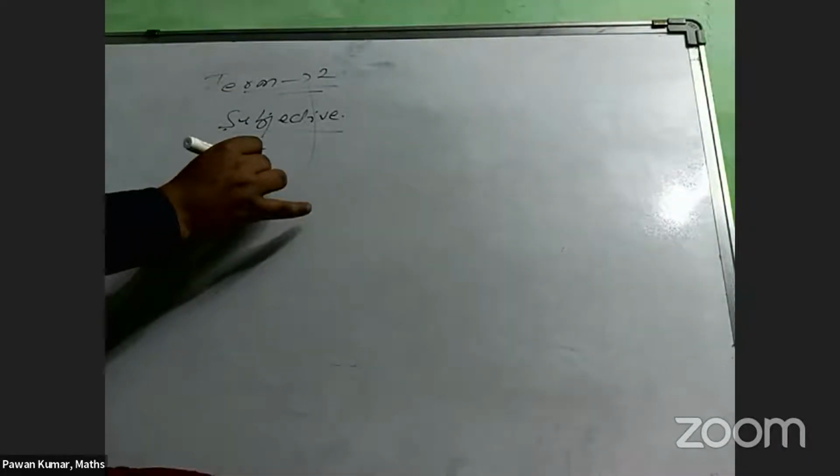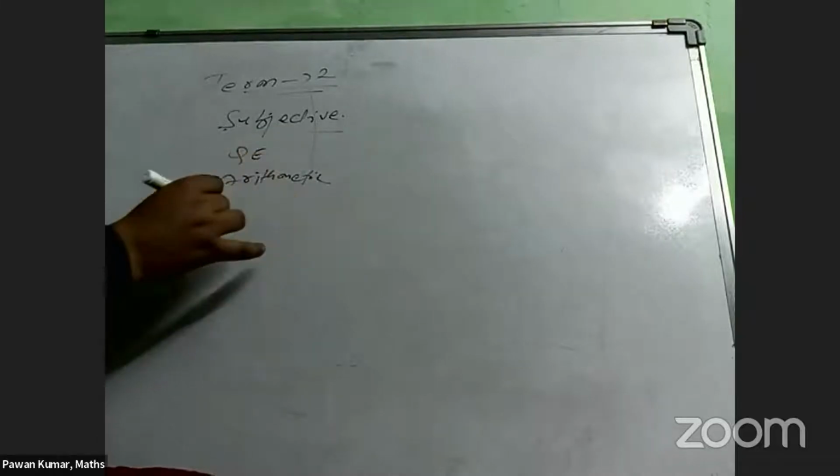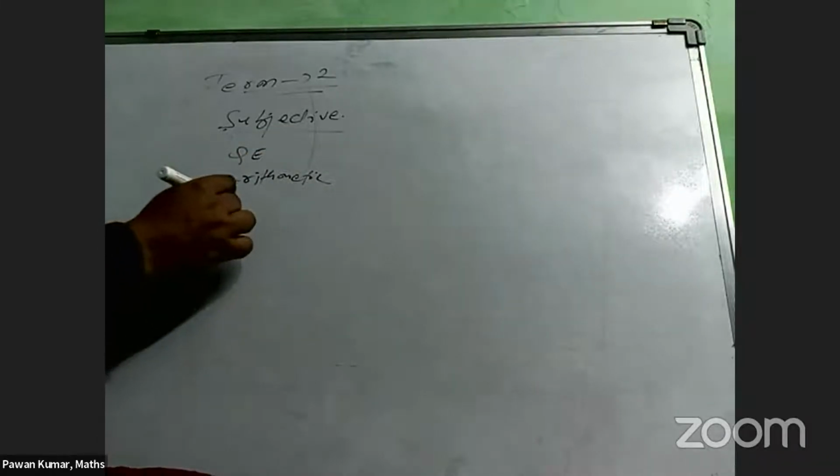Correct. Yes, sir, subjective. Quadratic questions here, and I think arithmetic progressions. Then I think you're having circles.